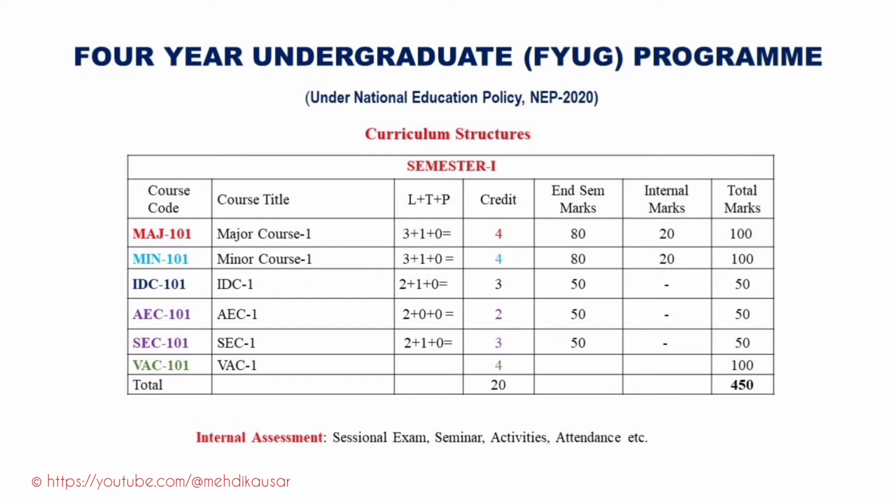For this type of curriculum structure, there will be 80 marks of end semester exam and 20 marks from the internal assessment. Internal assessment includes sessional exam, seminar, activities, attendance, etc. So, the total marks for the paper is 100.